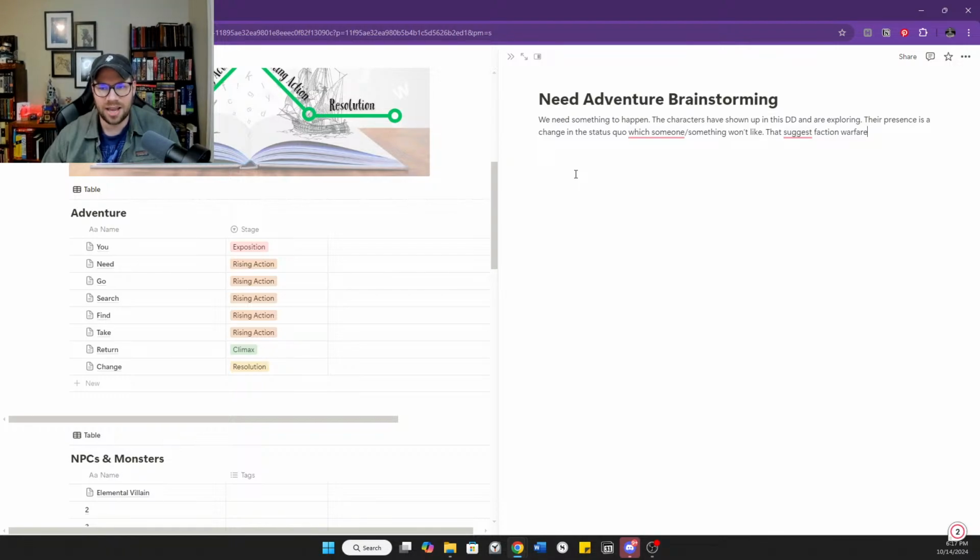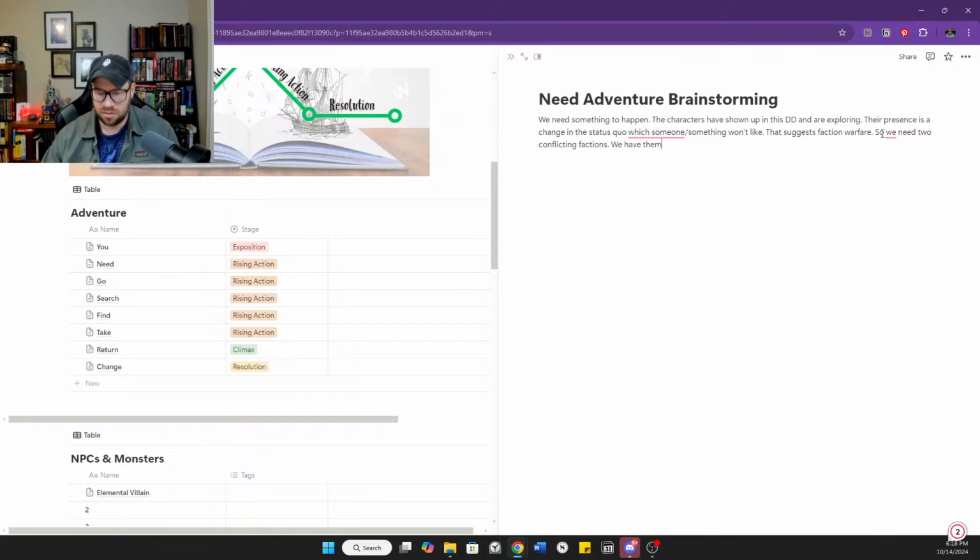We want high stakes in the central adventures, the adventures that we're going to write throughout this, because we can have low stakes in the troughs between them, and that's where we can get some relief from the high tension. That suggests faction warfare.